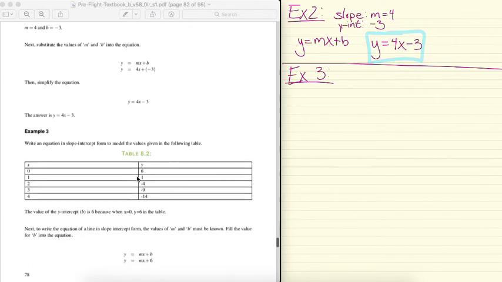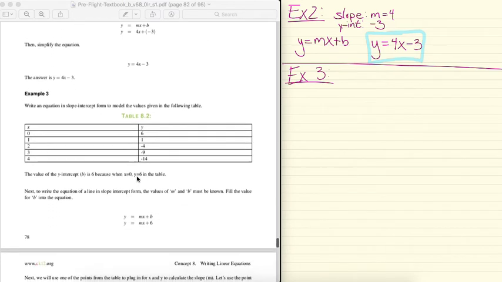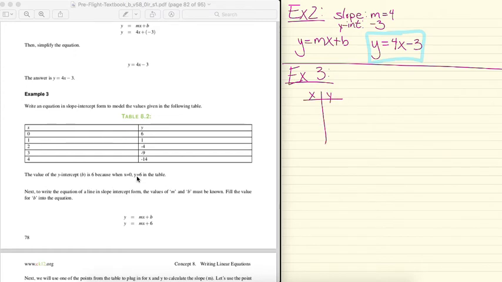It says write an equation in the slope-intercept form to model the values in the given table. So I'm going to take a moment and copy the table down as they have written in example 3. All right.